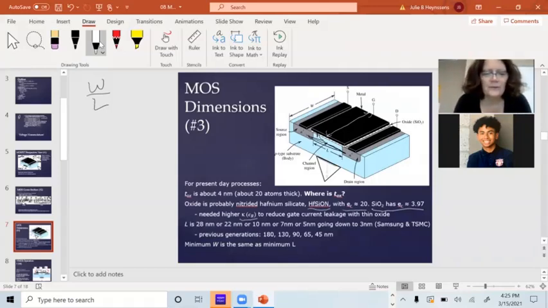Now the L, this is the number that's been shrinking. When Intel talks about their new 7 nanometer process, and they're really excited about that, the 7 nanometers they're referring to is the L, the minimum length they can make the transistors reliably. Intel's been falling behind.